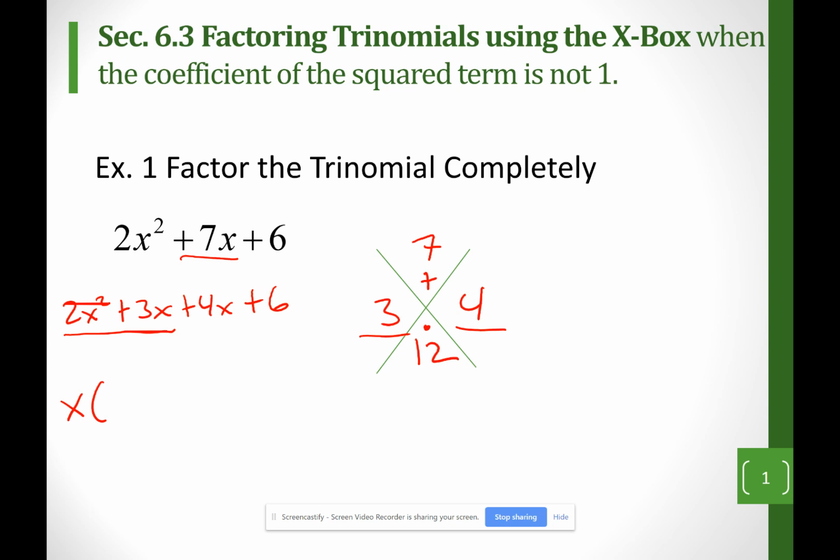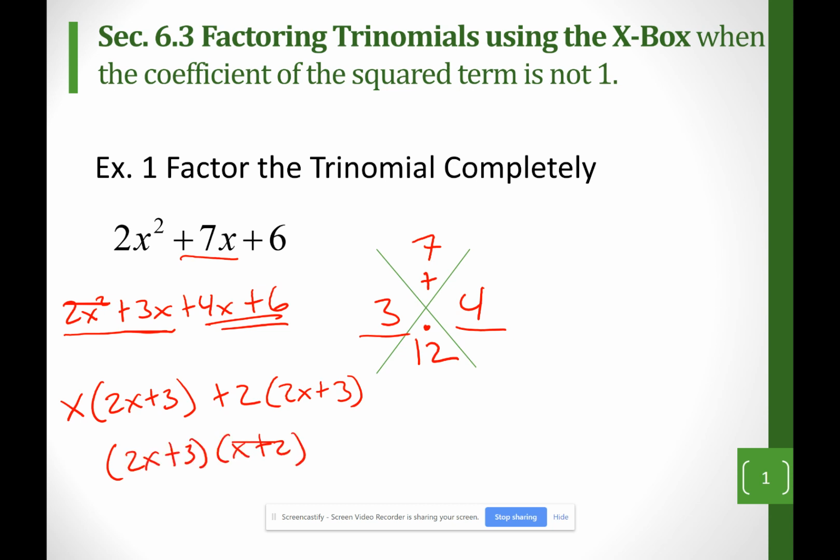Once I divide both by x, I will get 2x plus 3. Looking at my last two terms, I can divide both of them by a positive 2, and we're going to get 2x plus 3. So my factoring will end up being 2x plus 3 and x plus 2.